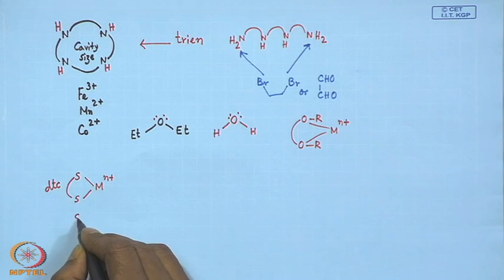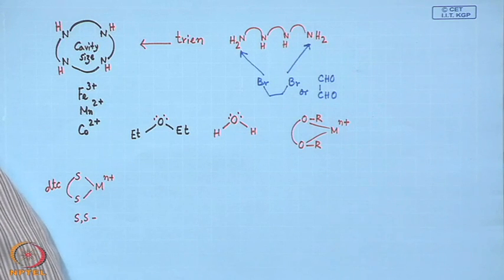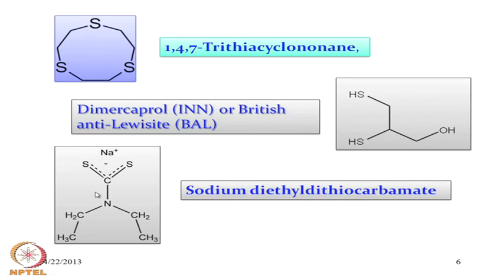So, it is an SS bidentate ligand. This SS bidentate ligand is our diethyl dithiocarbamate, and we can see it can further be categorized as binding to different metal centers.